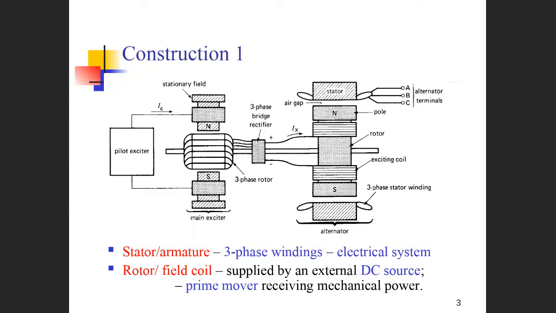The rotor is the point for the mechanical power input. For the mechanical power of the generator, the movement usually is rotation.